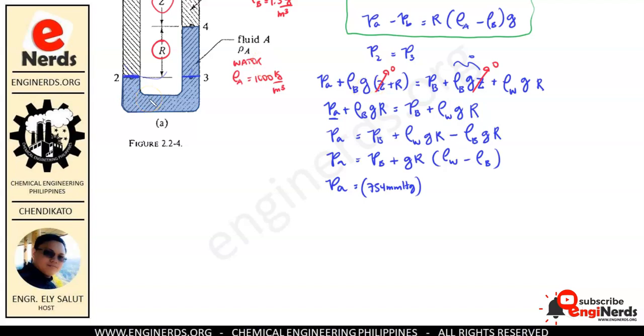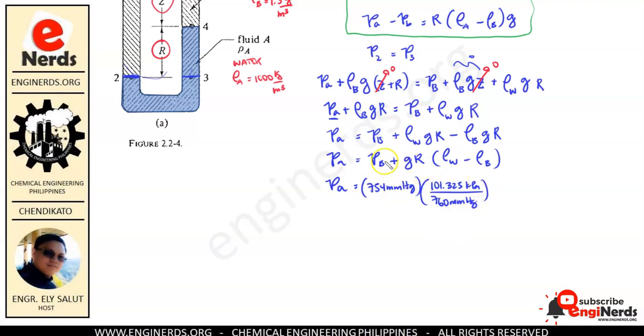So definitely, our value here will be in kilopascal. Therefore, we have to convert this millimeter mercury into kilopascal. So we will multiply this by 101.325 kilopascal over 760 millimeter mercury.